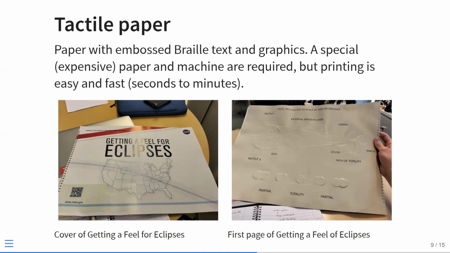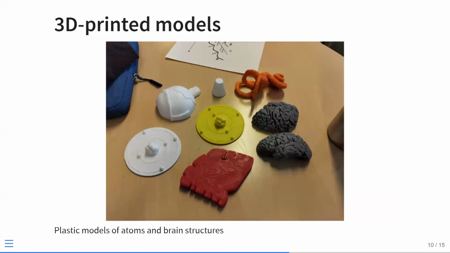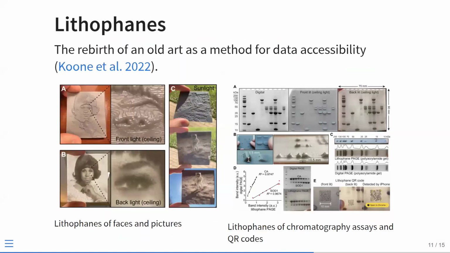Another option is this tactile paper, which is a bit expensive and requires a specific machine to produce, but then people who can't see can actually feel with touch what we are talking about. And this is a book written by NASA to describe eclipses by touch. 3D printers.